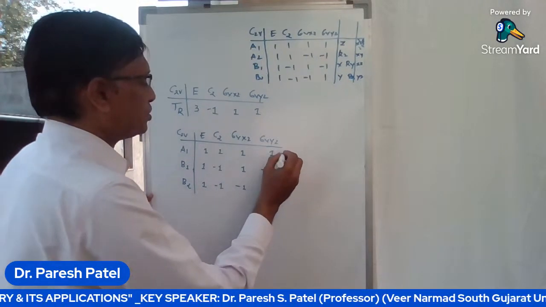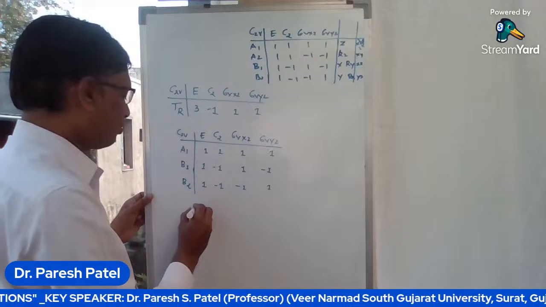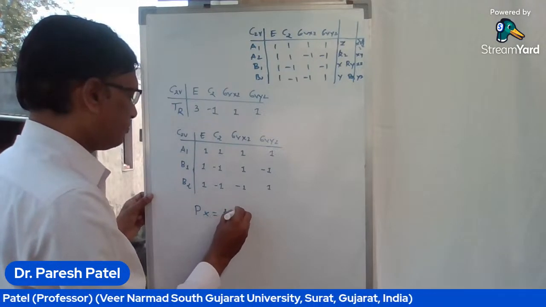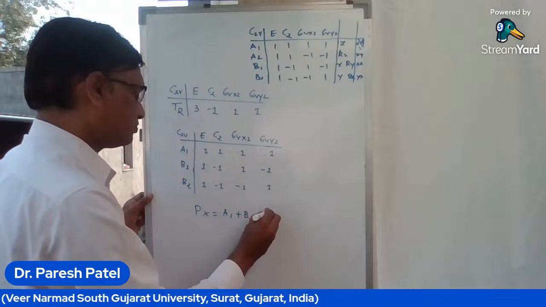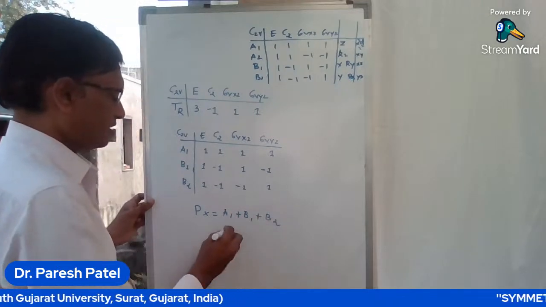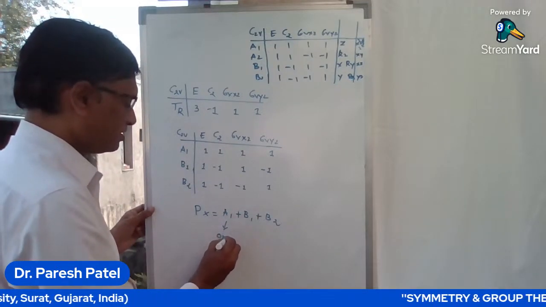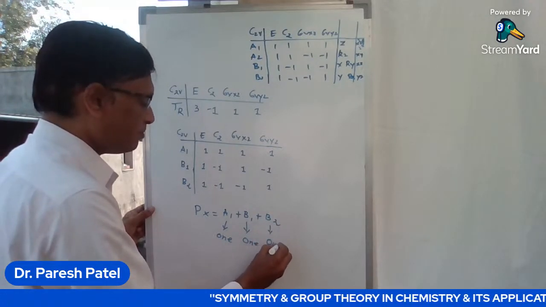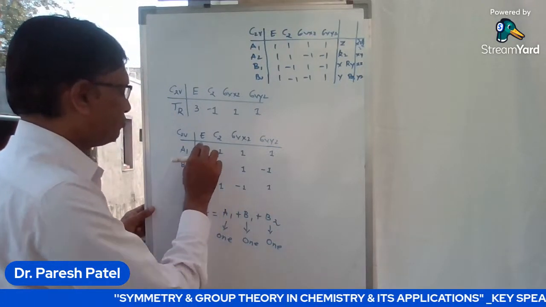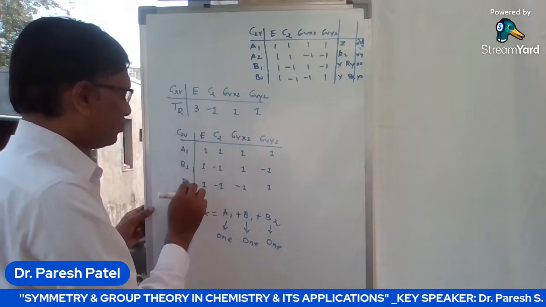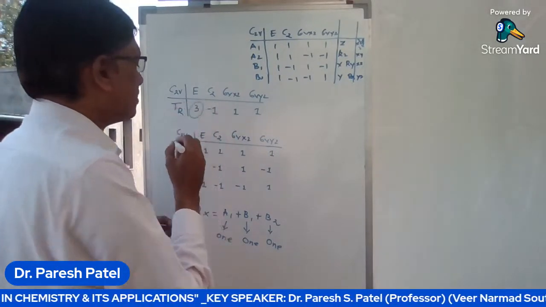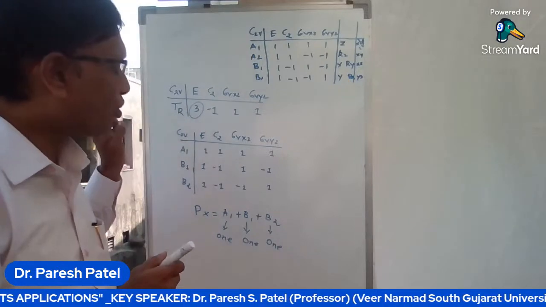So this is the contribution from, or we can say, Px can be represented as A1 plus B1 plus B2. This is one dimensional, this is again one dimensional, and this is again one dimensional. So we can predict that this is actually three dimensional, and this is the contribution from p orbitals.